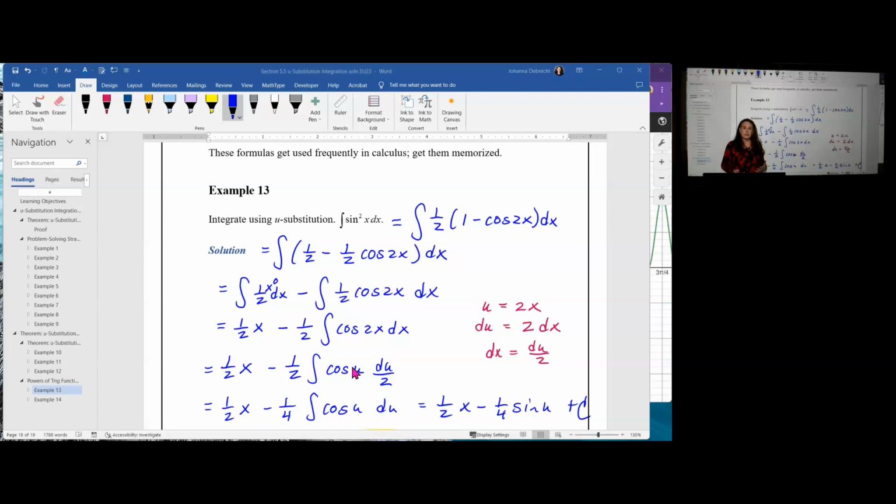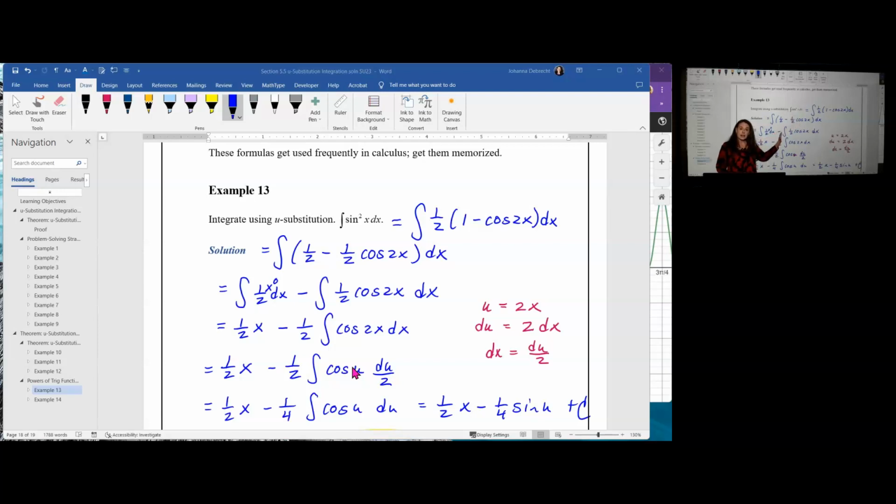In order to integrate directly using u-substitution, you have to have a multiple of the derivative of the inside function. Sine x is our inside function, so we have to have a multiple of cosine x inside the integrand, and we do not. That means that I cannot do u-substitution with sine of x as u.